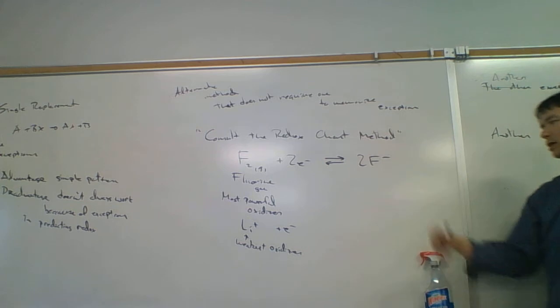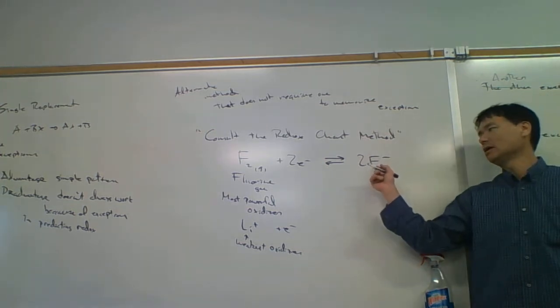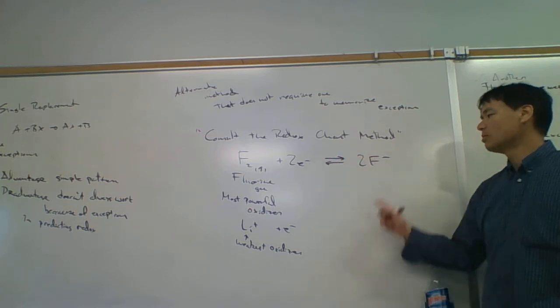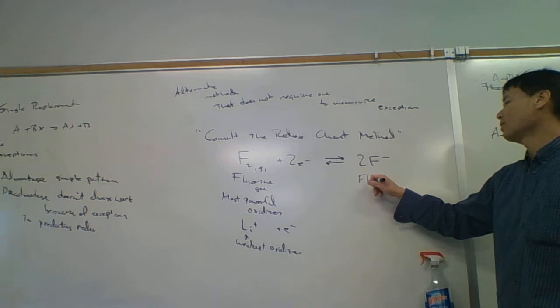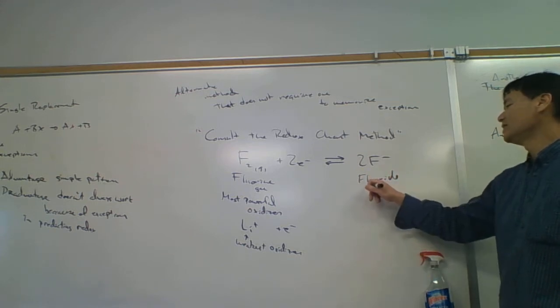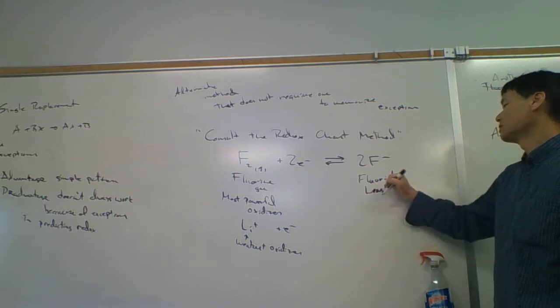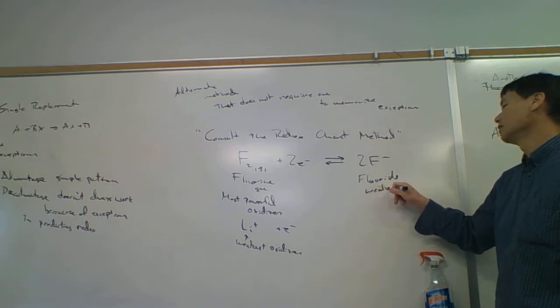If I go backwards, fluoride is losing electrons to form fluorine. The species that loses electrons is a reducer. So fluoride is the weakest reducer.